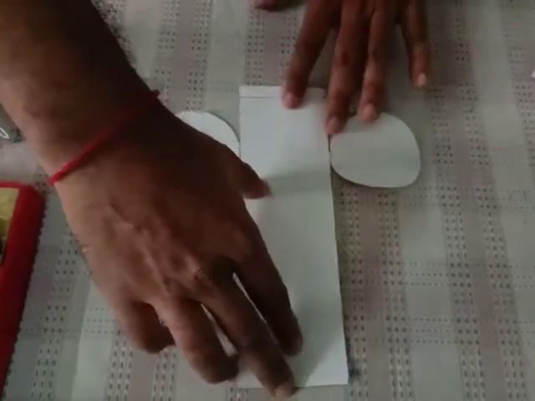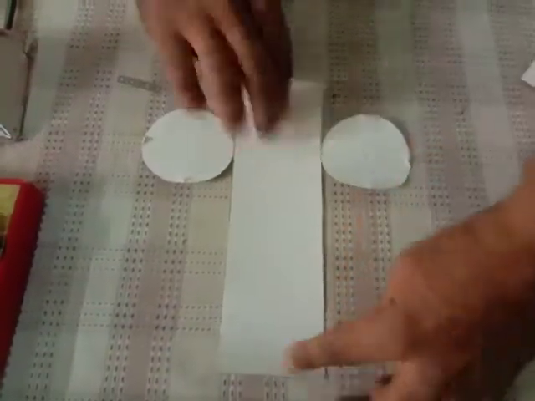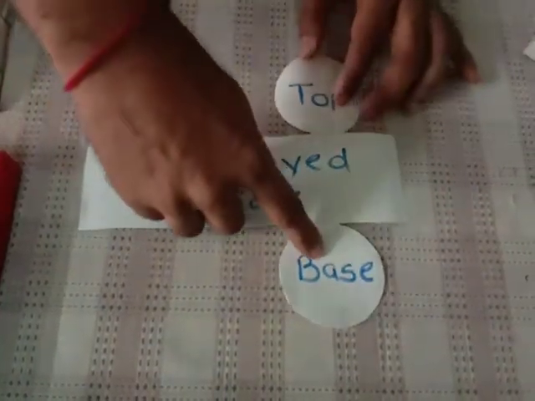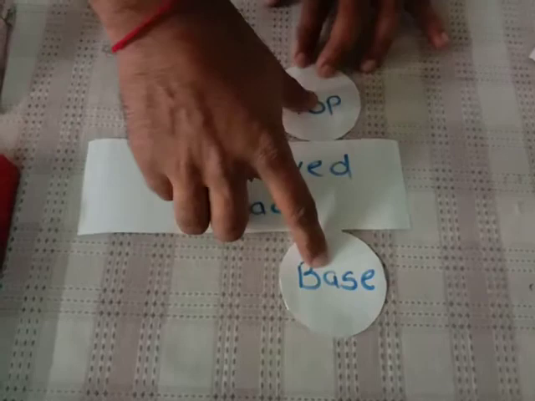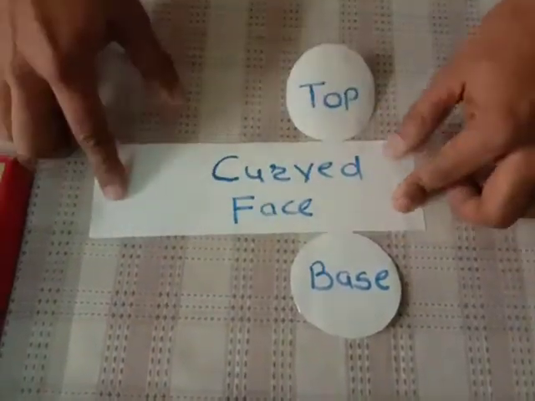So the net of a cylinder consists of a rectangle which forms the curved surface, and a circular top and circular bottom. All these three pieces are attached together.